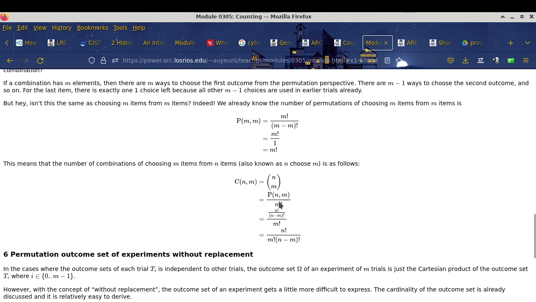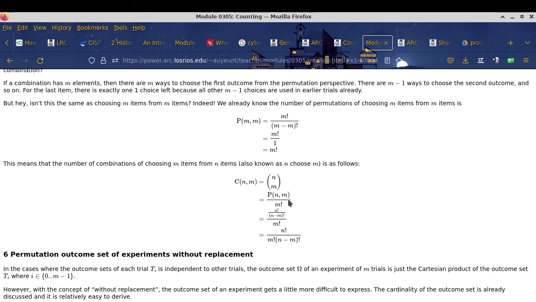So the first line is not too important other than it tells you 2 ways of expressing the same thing. The second line is important because what it's trying to say is you can derive the number of combinations by first computing the number of permutations. Because when you compute the number of permutations, you're just overcounting. You're counting duplicate permutations, because ordering is important when you really don't care about the ordering.